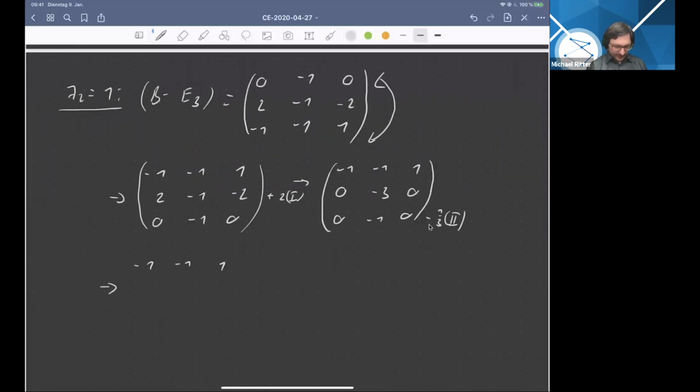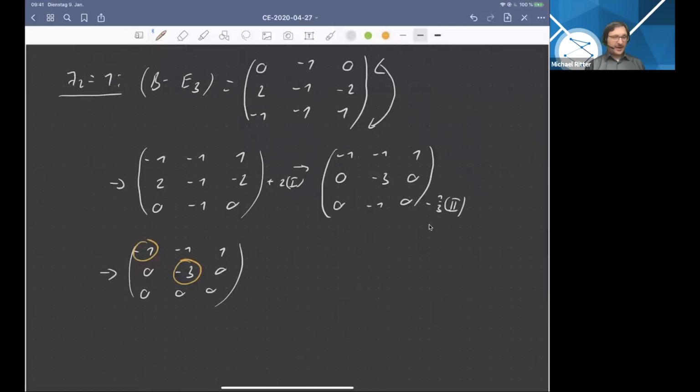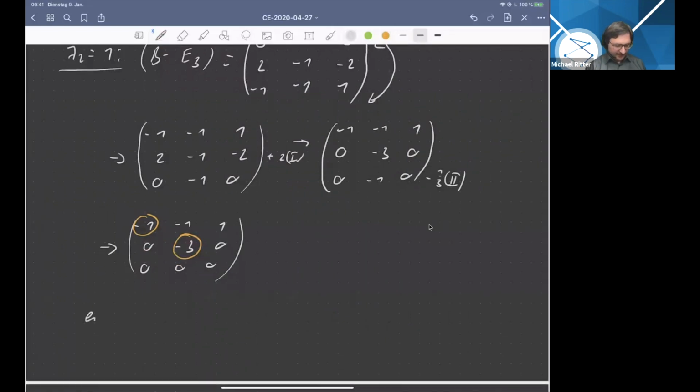So let's leave this as it is, and the last row becomes a 0 row. Again, we have 2 pivots, this one and this one. So the eigenspace is going to be one-dimensional again, and it's going to be the span of, let's see. Again, the third column corresponds to a free variable. The second row gives us the equation -3x2 equals 0, so x2 is 0. Let's set 1 for x3 arbitrarily, and 0 for x2.